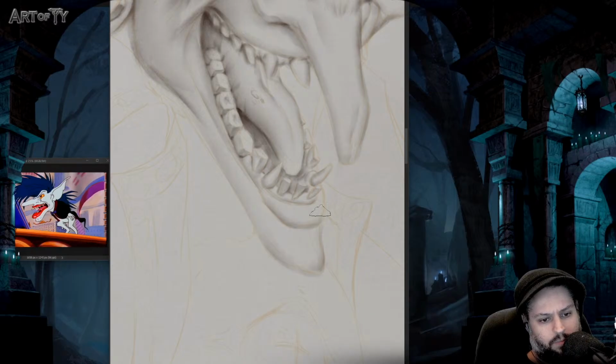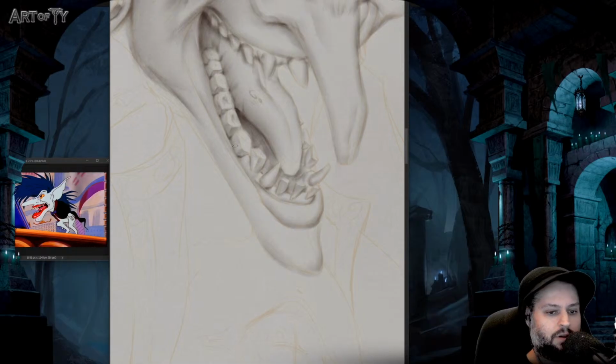So this lip here is an important element to this guy's vibes. I think last time it might have been you, Tom, that was saying he gives you kind of Joker vibes.